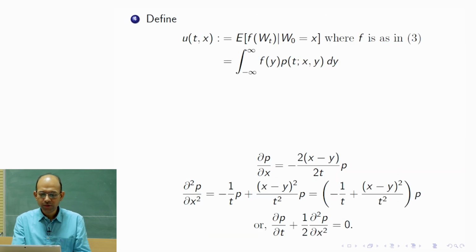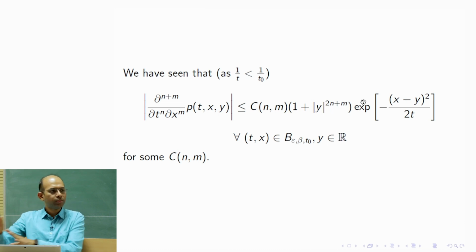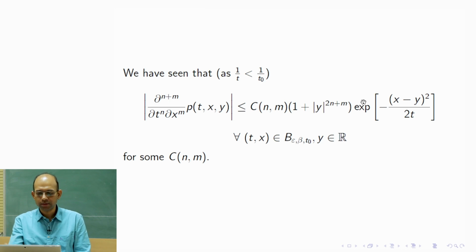However, for del p del x we got just a linear term, and then for second order we got a second order term. So by induction we get 2n plus m as the order. However, there is also one exponential term, e to the power of minus this term, which decreases exponentially fast. So this is the growth property we are going to use, and this is true for all t, x, for any y in R.